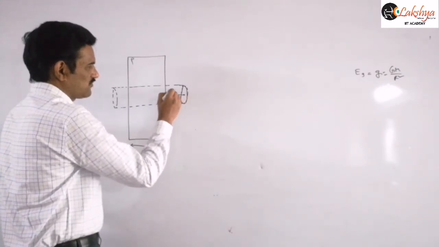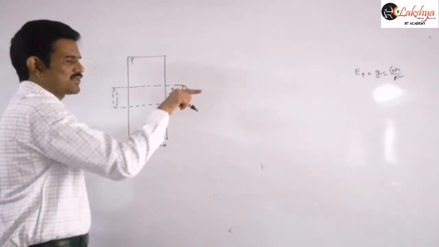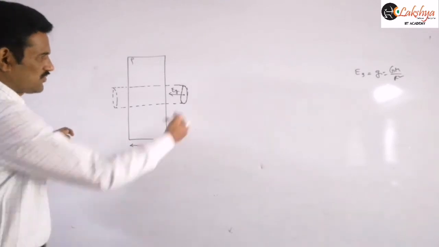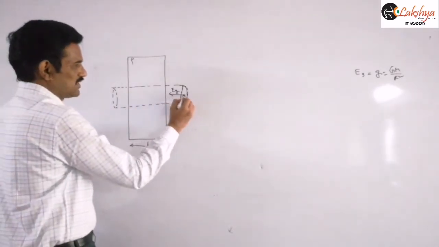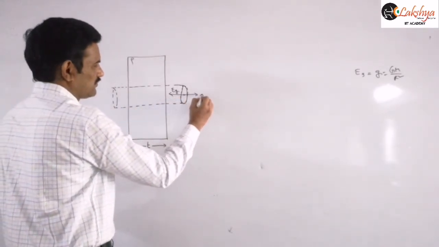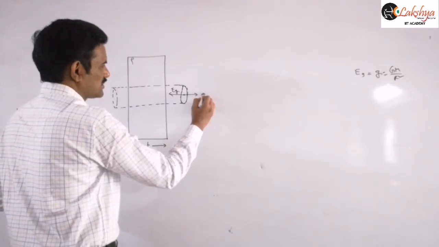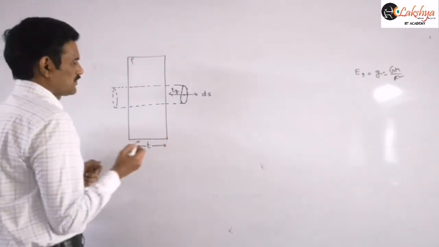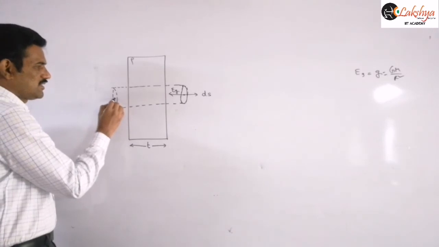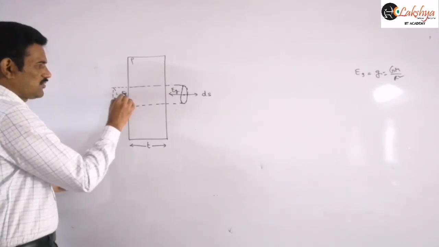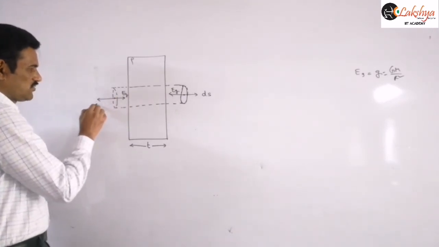The gravitational field is always directed towards the mass, so it will be like this, and the area vector will be like this. You can consider this area as some dS. Similarly here, the gravitational field will be along this direction and dS along this direction.